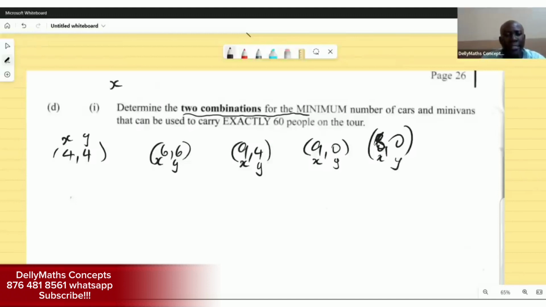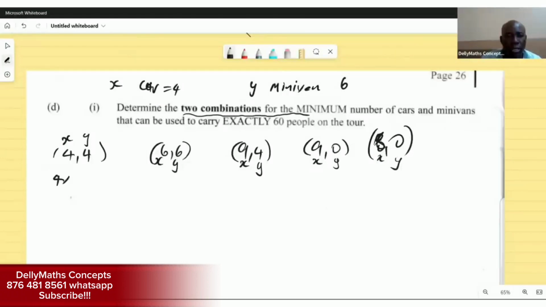Remember, X is for a car, and the car can hold 4 people. Y is for a minivan, and that minivan can hold 6 people. So we're substituting these to quickly see where we get exactly 60 people. Let us say I'm trying the point (4, 4).